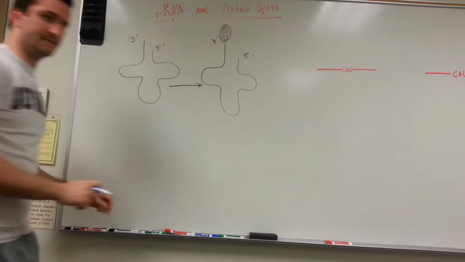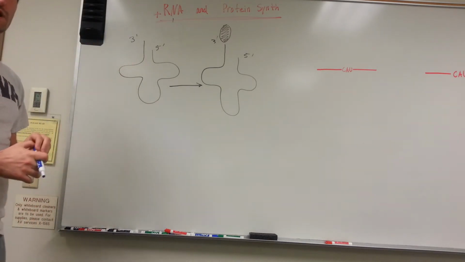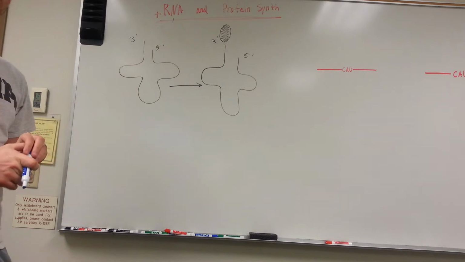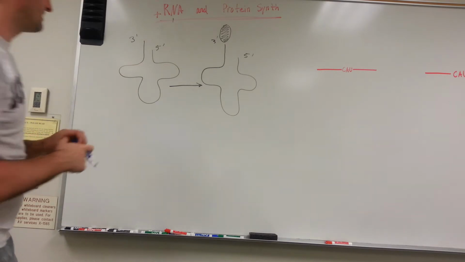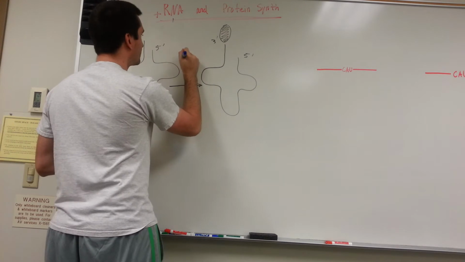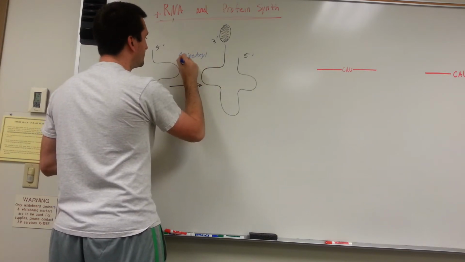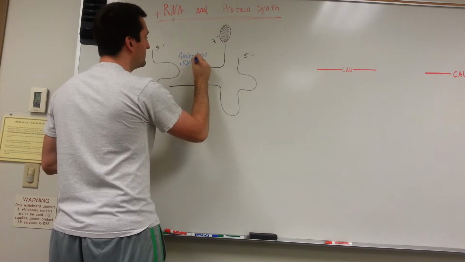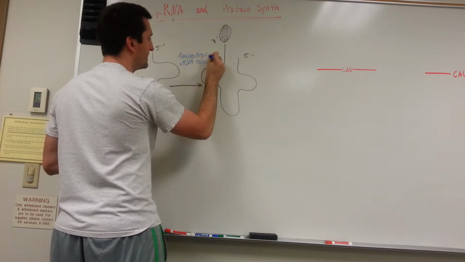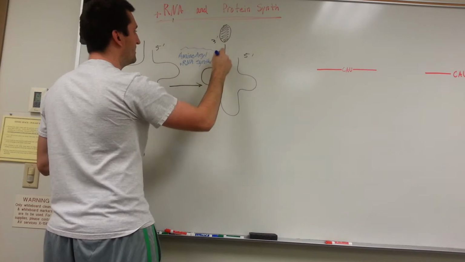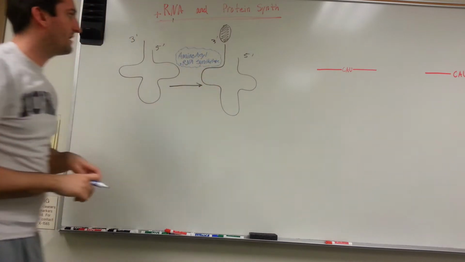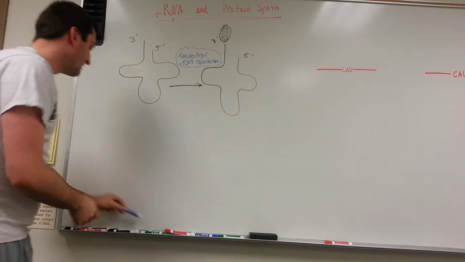Well, we're going to need an enzyme. The enzyme that's required is called aminoacyl tRNA synthetase. So let me write this in. Aminoacyl tRNA synthetase. I circle it like that because that's how I do all my enzymes.